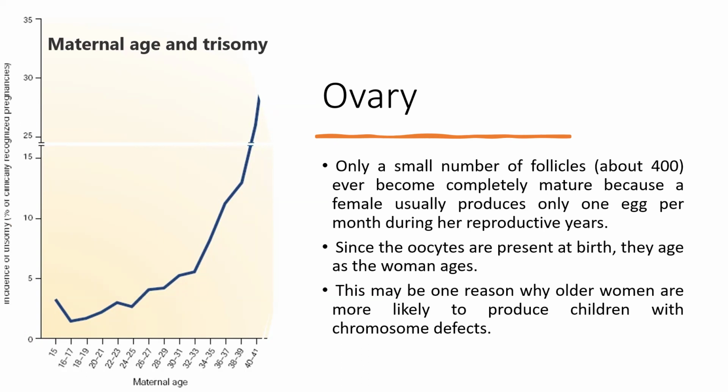If that egg gets fertilized by a sperm, then the offspring is going to have an extra chromosome, leading to trisomy. And the incidence of trisomy increases exponentially with a woman's age. That's why some people, celebrities mostly, if they could afford it, freeze their eggs early on, and then they can have a kid later in life.